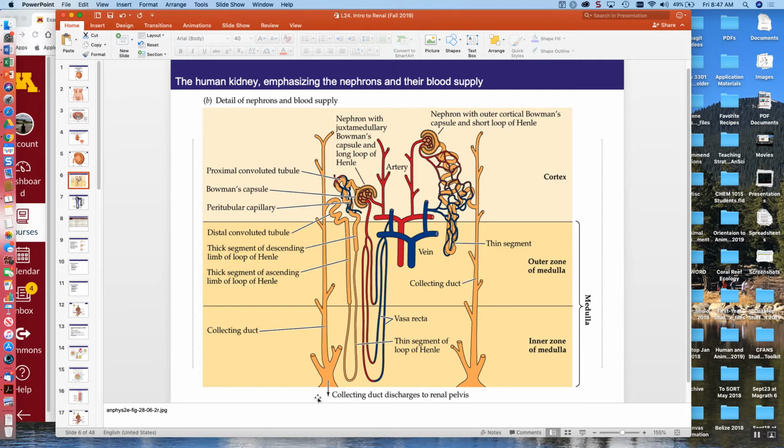Now, we are going to be talking about the different blood supply that surrounds each of these nephron too. This one in particular is called the vasa recta because it has some special properties. The vasa recta surrounds the nephron, the loop of Henle, of the juxtamedullary nephron.